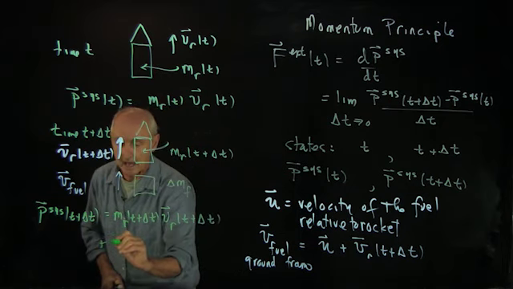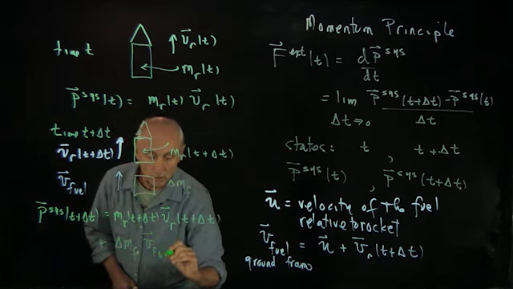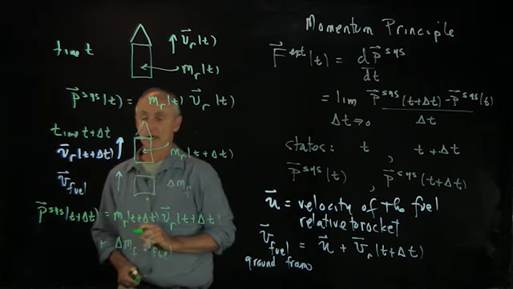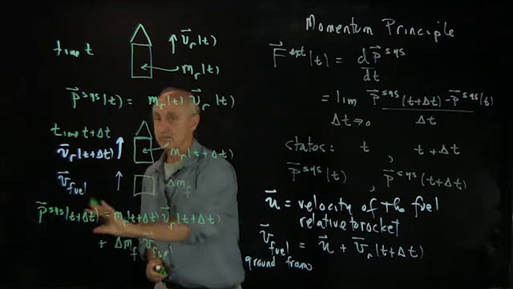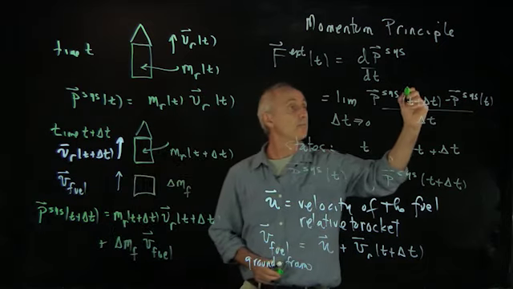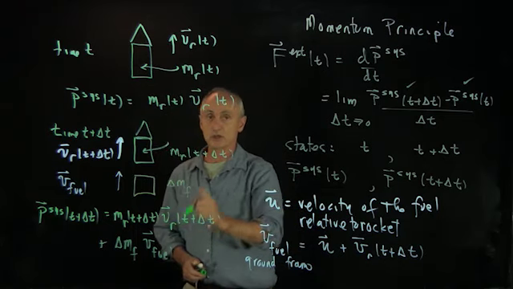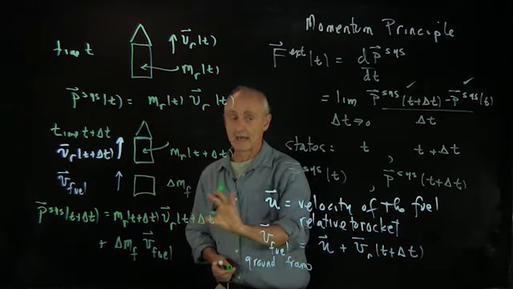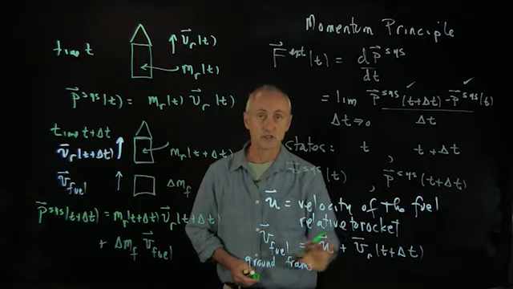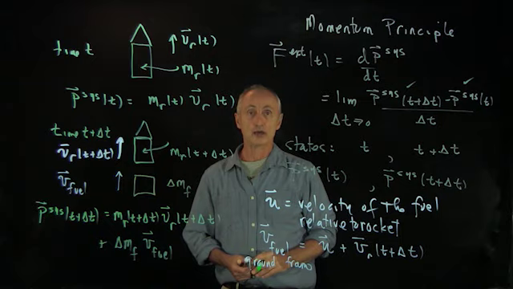And we also have to add the mass of the fuel times the velocity of the fuel with respect to the ground. And now we have the momentum at time t plus delta t. So we have both of our pieces here, and we still have a little bit of analysis because we'll use our mass conservation equation and our relative velocity condition to simplify this expression. So we'll do that next.